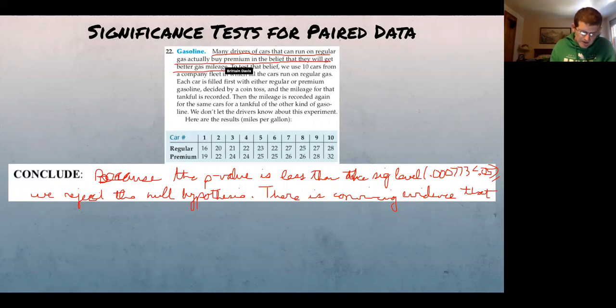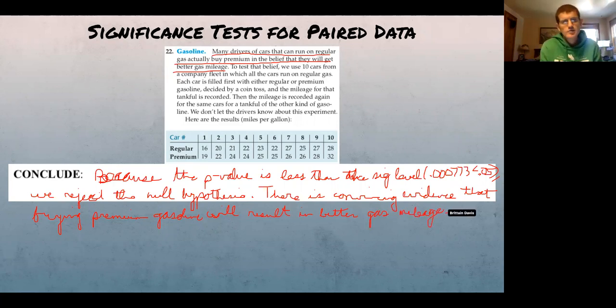So there is convincing evidence that buying premium gasoline will result in better gas mileage. Again, we're looking at the prompt we were given and replying with our answer in the same terms.